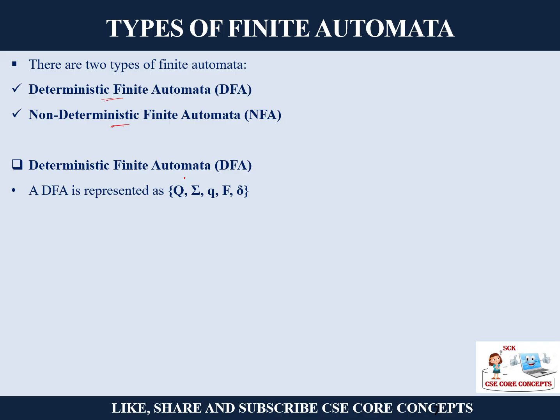So deterministic means what? You have a determination of exactly which state you will go to. It is not vague, like I don't know where I will go. Let's say for example, if I am switching on the fan by pressing 1, either it will be on or off. It's not in the middle of on and off.